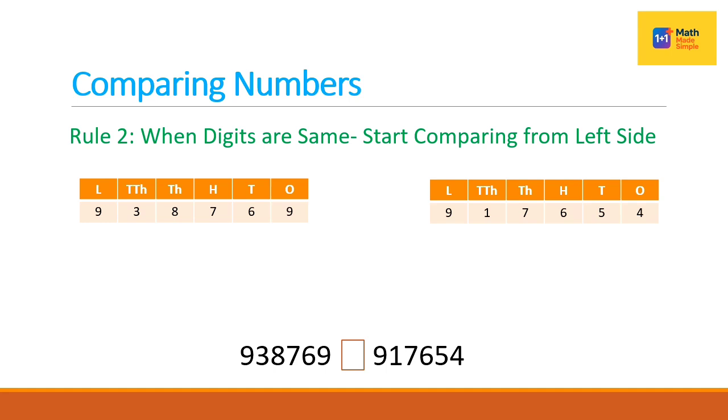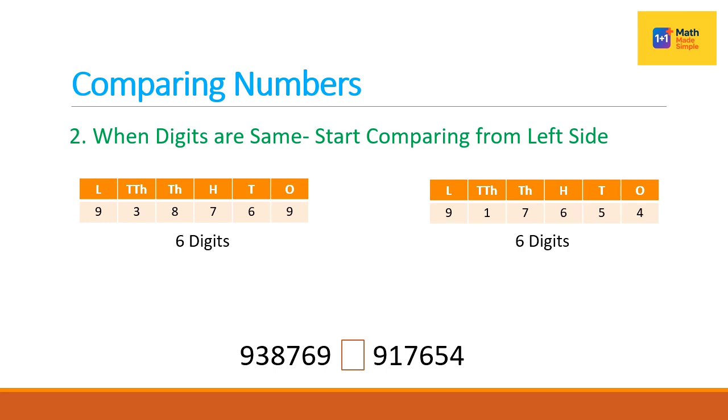Now let's take another example. In this, both these numbers have 6 digits. Then we'll compare the leftmost digit in these two numbers, which is 9, and both these numbers have the same leftmost digit. Then we will move to the right side, which is the 10,000 place of these two numbers.